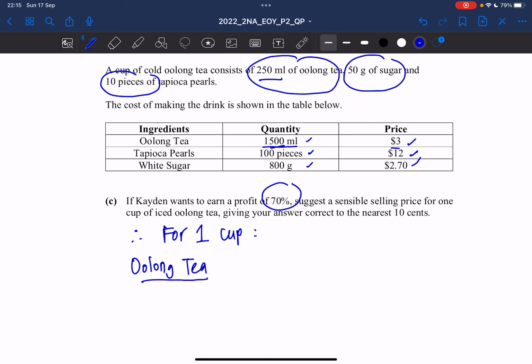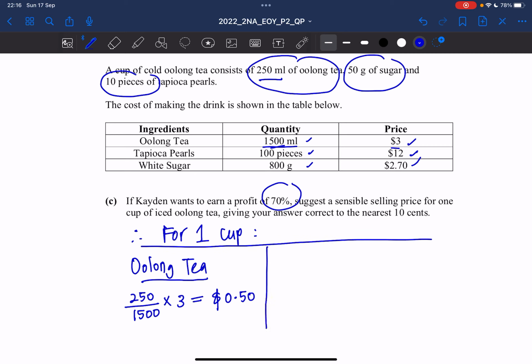So let's see what is the cost price. So 250 ml over 1500 ml times $3. So it's 250 divided by 1500 times 3. So this is 50 cents for 1 cup. Okay, so this is for oolong tea.